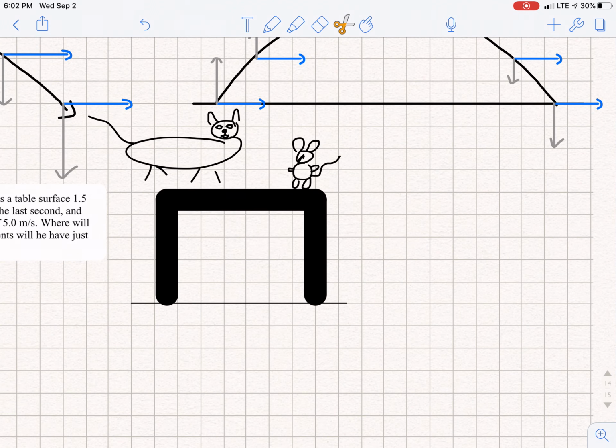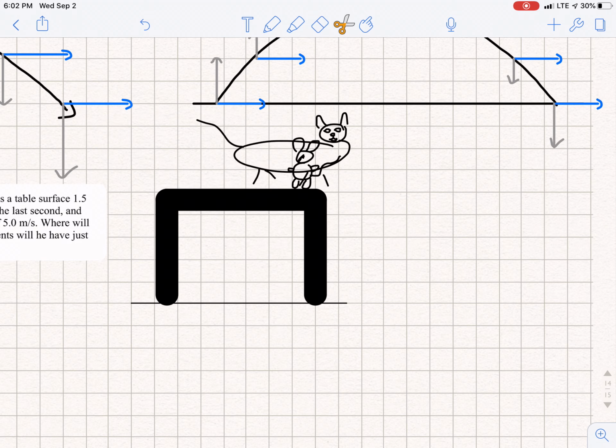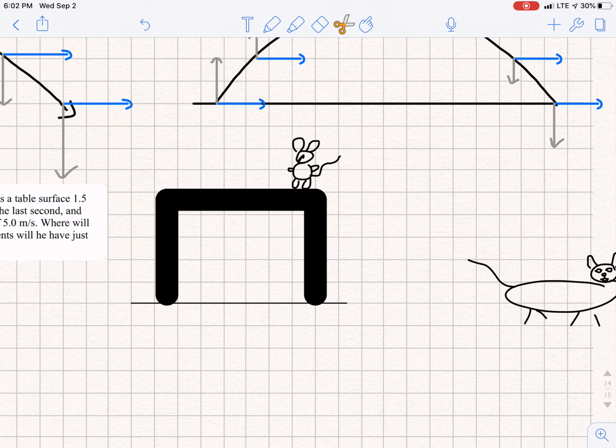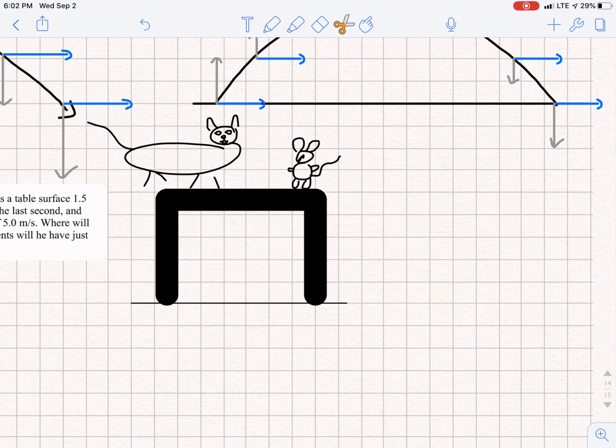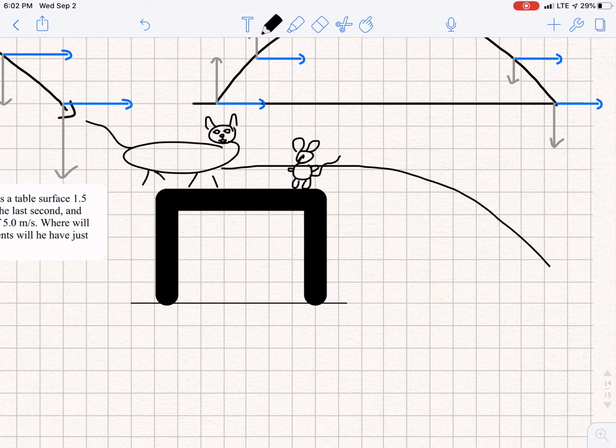And basically what happens is the mouse steps out of the way and Tom the cat does this. Woo! Right off the edge. So this pathway is going to represent Tom's motion over the edge of the table and off the floor. This is an example of a horizontally launched projectile.